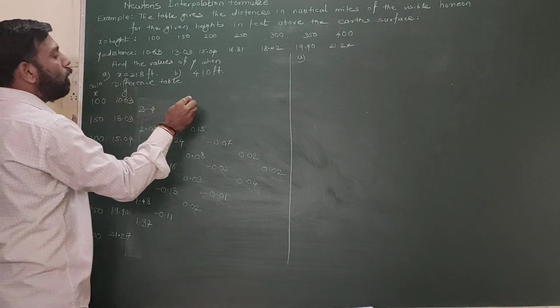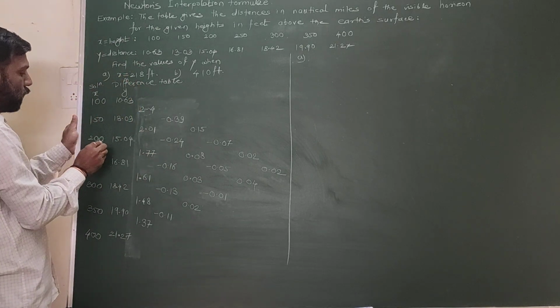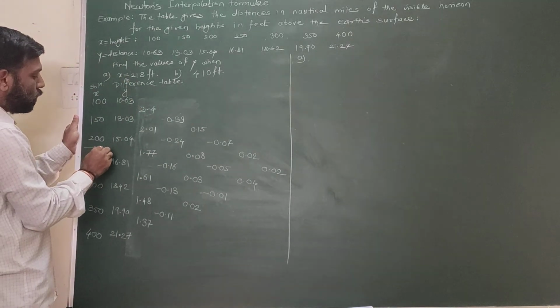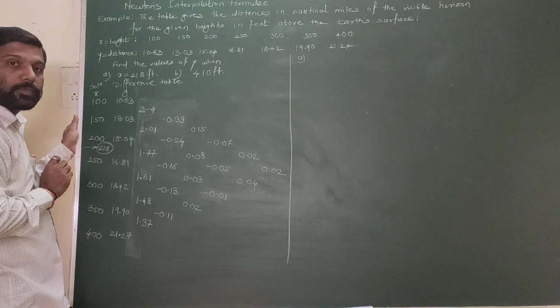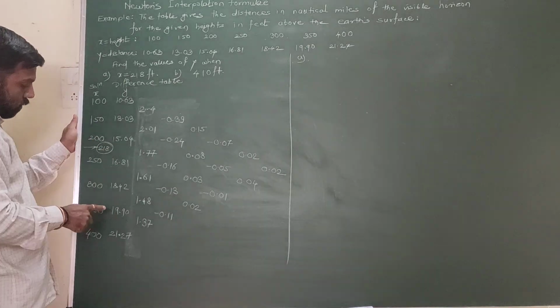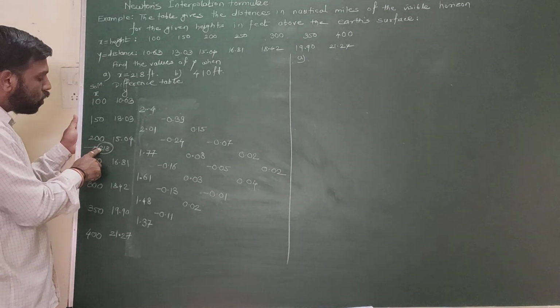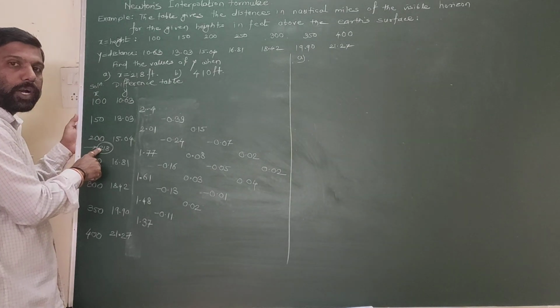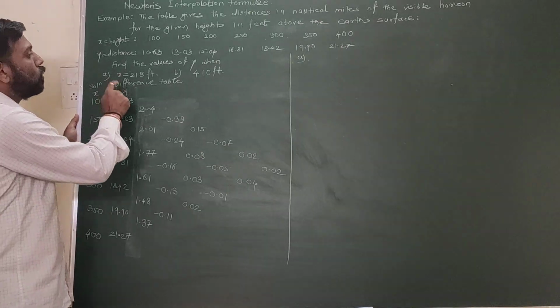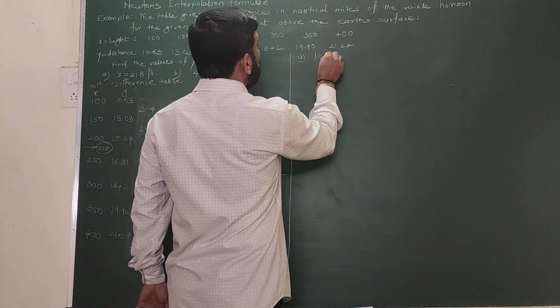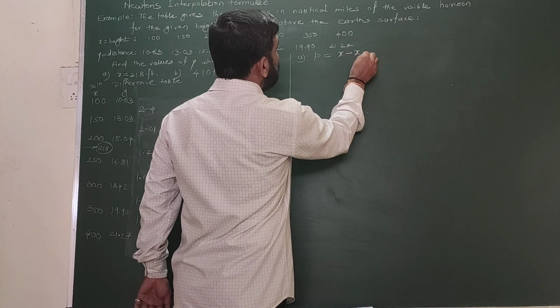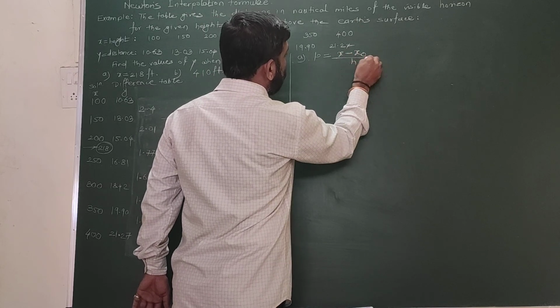Now for value A, x is equal to 218. Now it belongs to this interval. Here the central value is 250, and before that value we have to discuss, so we'll use Newton's forward interpolation. First we complete the value of p, which is equal to x minus x0 upon h.